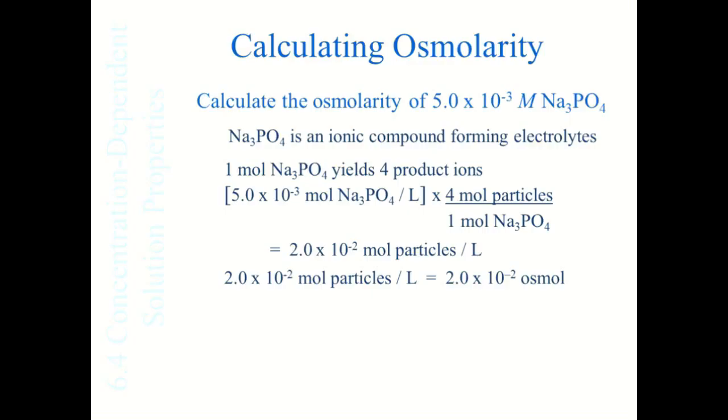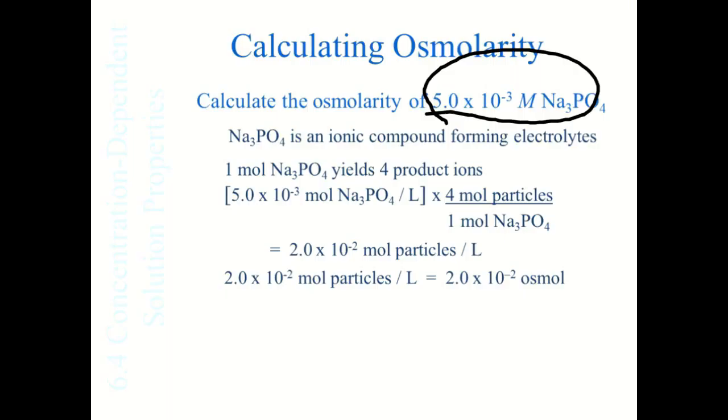What did I just tell you osmolarity is? I just gave it to you: molarity times number of particles. Do you see the molarity given to you? 5 times 10 to the negative 3. That is molarity. But I need the number of particles, correct?